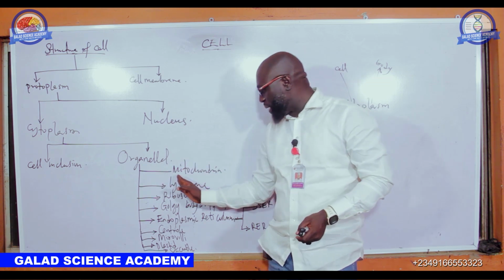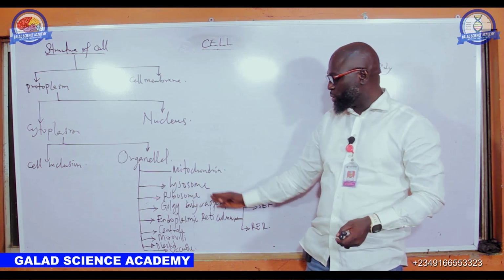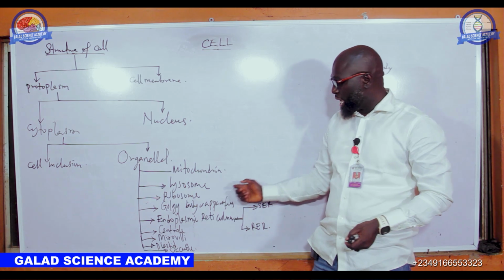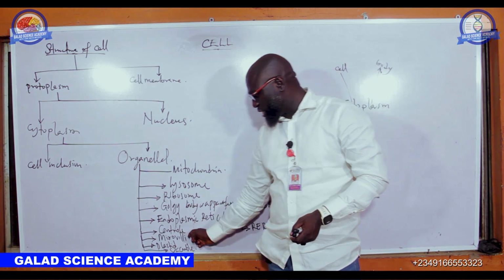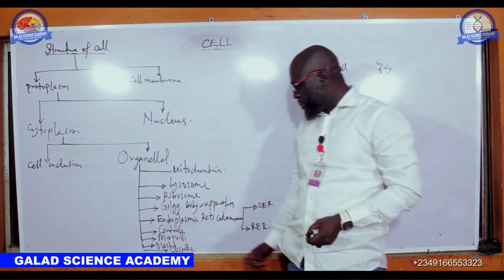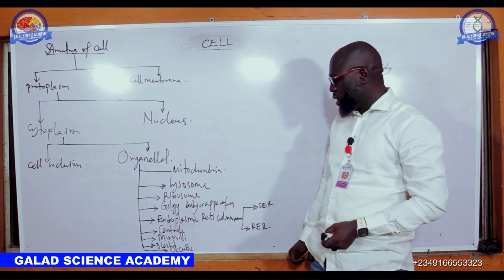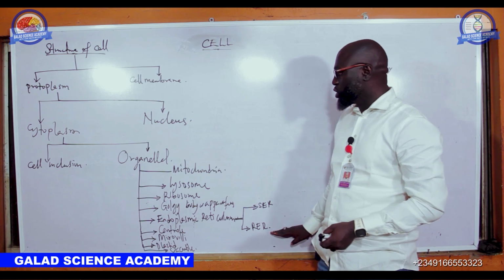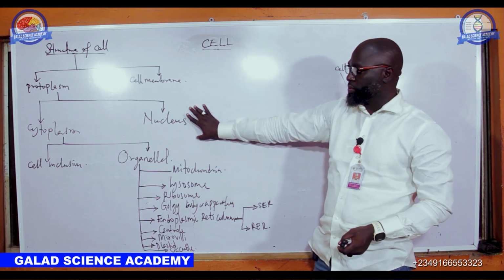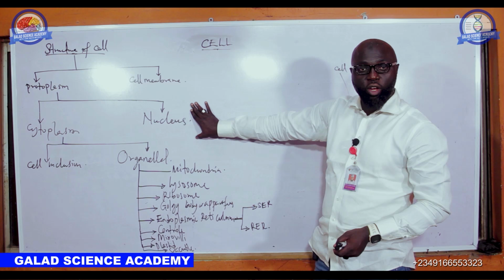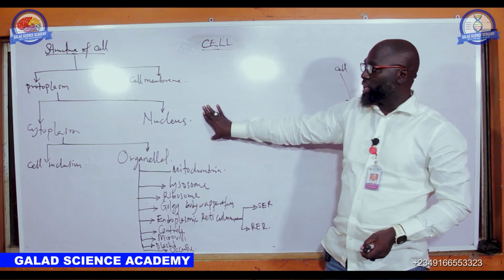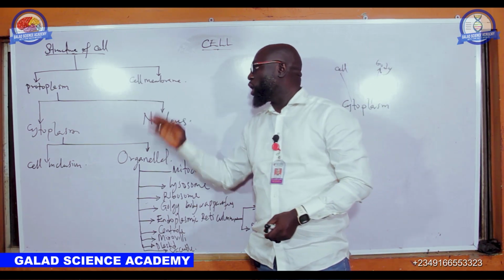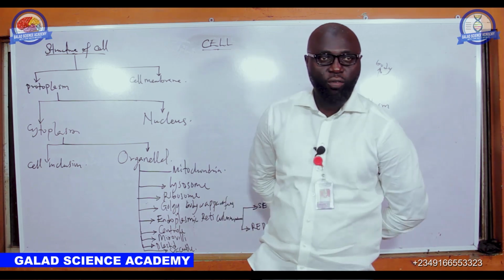And the organelle will have mitochondria, lysosome, ribosome, Golgi apparatus, endoplasmic reticulum, centriole, microvilli, plastid, vacuole. I said the endoplasmic reticulum is divided into two. And the nucleus can be found in the center of the cell, and it controls all the activity of the cell.